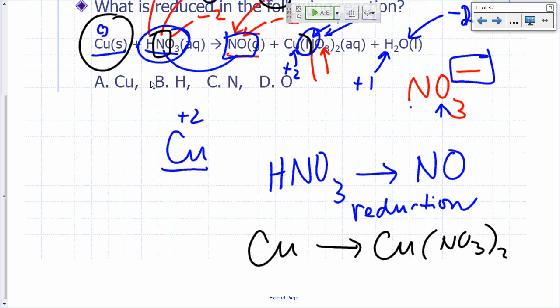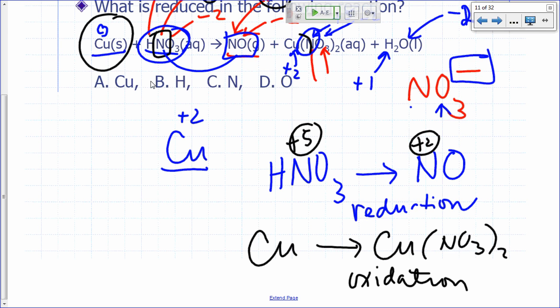That would be oxidation. So your nitrogen went from a +5 oxidation state in HNO3 to a +2 in NO. That's reduction. Copper went from a 0 in copper metal to a +2 in copper nitrate. That's oxidation. Okay.